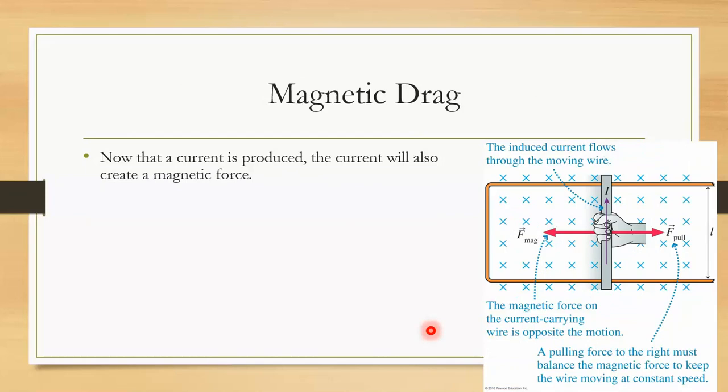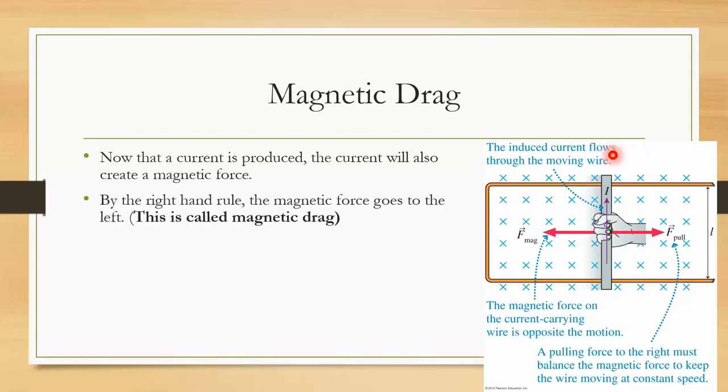So now that we have a current that's produced, we're also going to have a magnetic force. If you remember, anytime we have a current, it will create its own magnetic force. So we have our current going counterclockwise, and we use our right-hand rule. We do I, B, F. I goes the direction of the current.